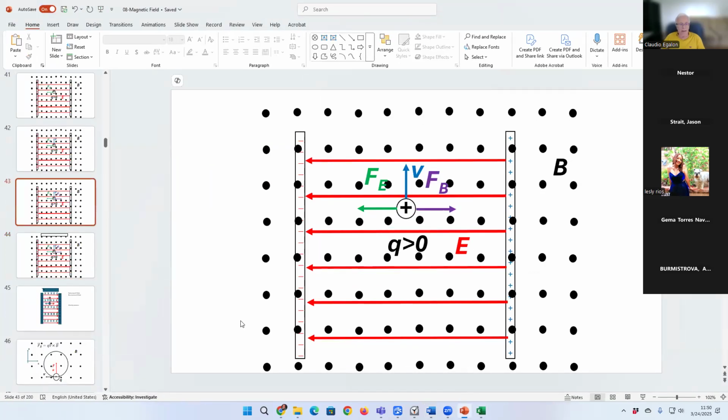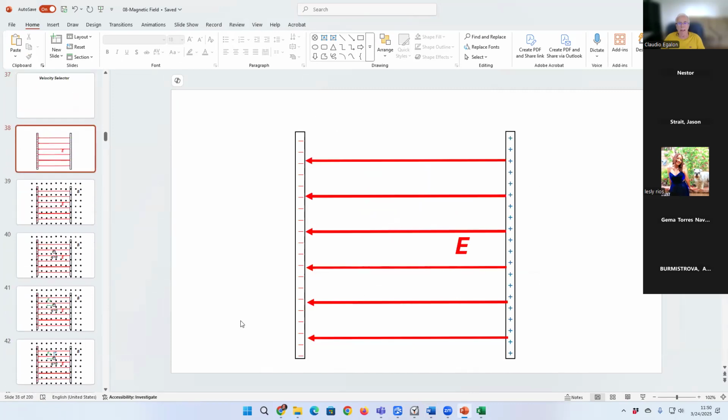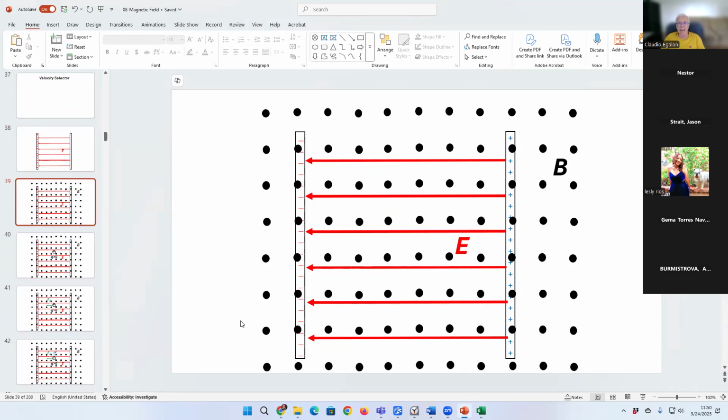So here you go. Let's start it again. We have a uniform electric field and we have a uniform magnetic field. You put a charged particle in this field, it will always feel an electric force, right? Always. If the velocity is equal to 0, it will feel an electric force, and the magnetic force is going to be 0.